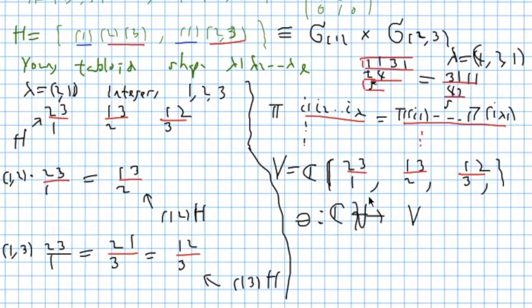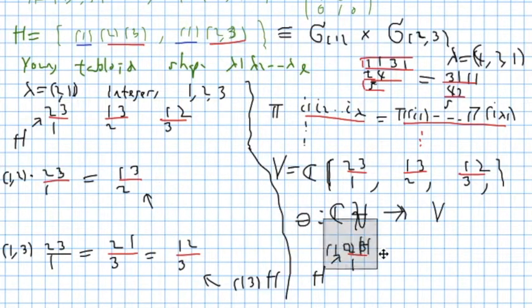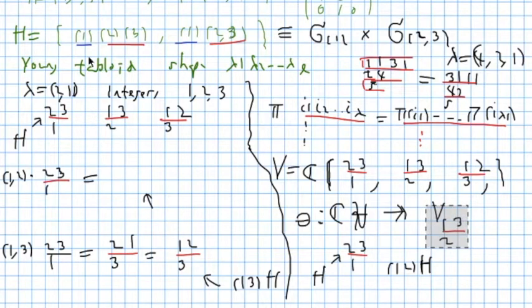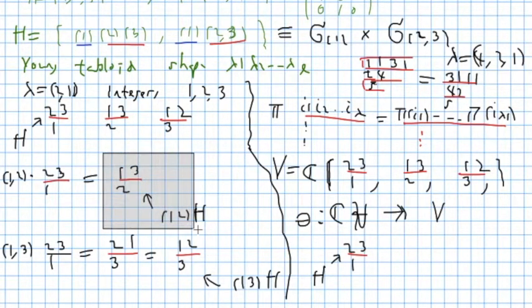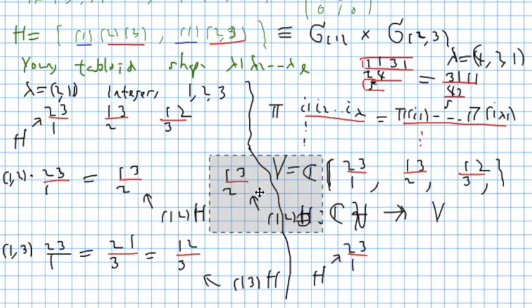Okay. So the way I define it is, I send H to this tabloid. I send this coset, I should copy this, or just, good old rewriting.